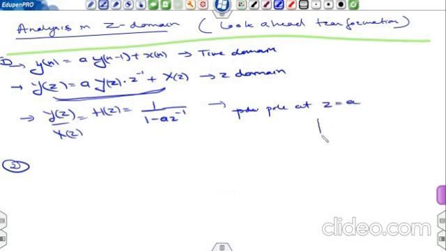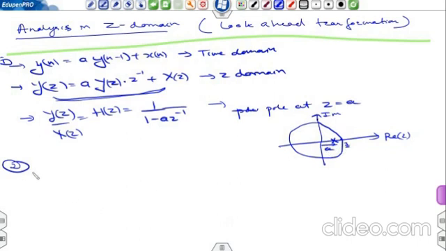So if I draw the location of the pole in the z plane, this horizontal axis is real z, this is imaginary z axis, and considering that a is less than 1, it is having a pole at z equal to a. Let's say this is a. So for stability, this a should be less than or equal to 1.